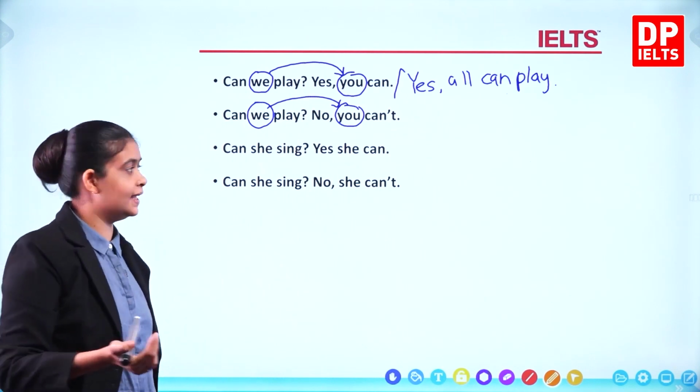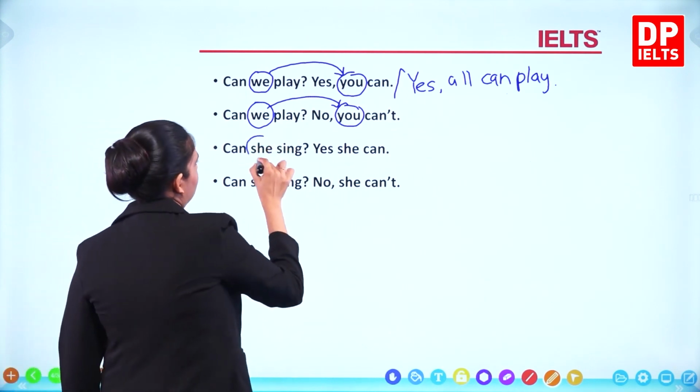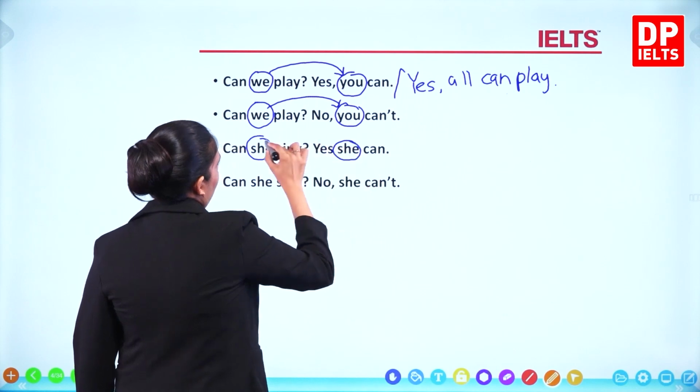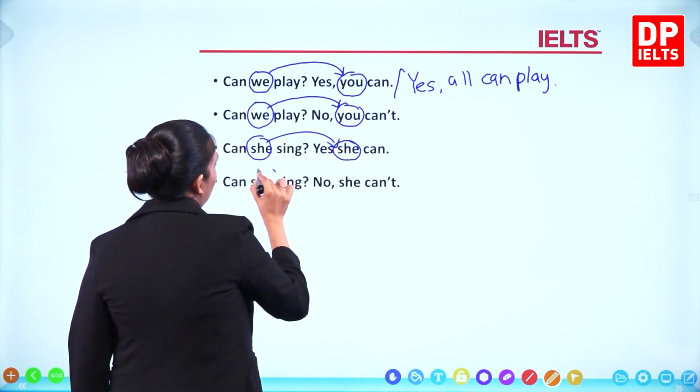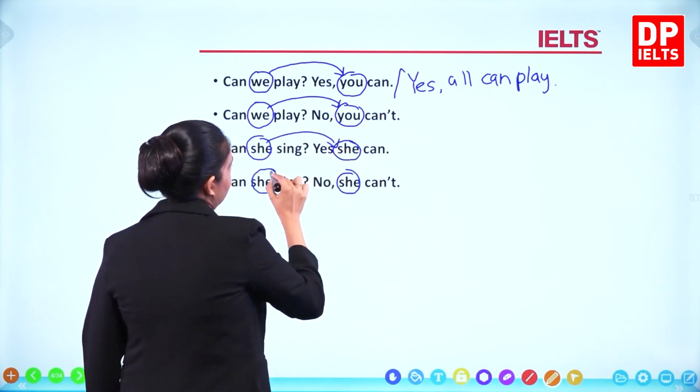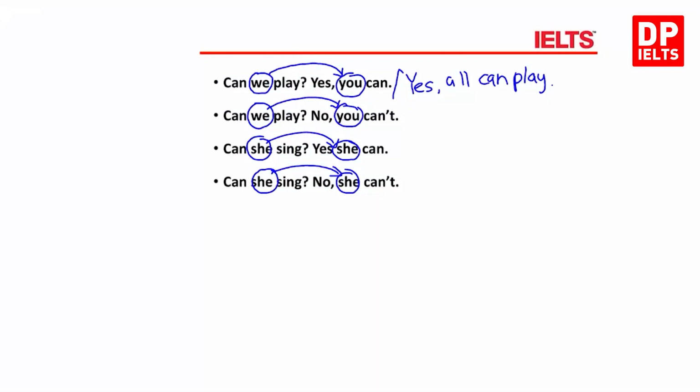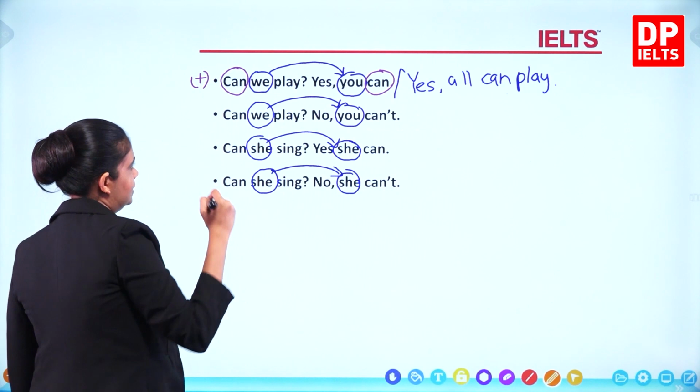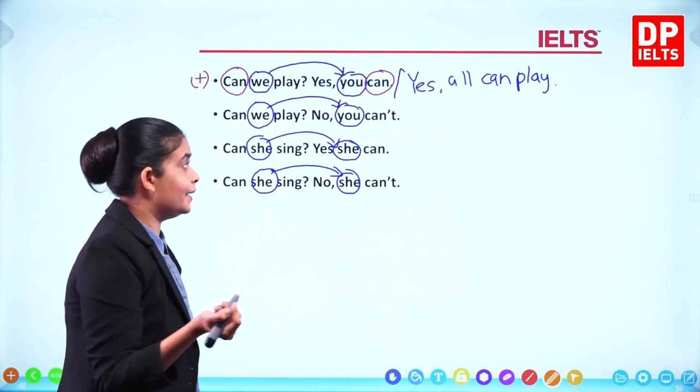Can she sing? Yes, she can. Can she sing? No, she can't. Can is can here because it is a positive sentence. Can we play?